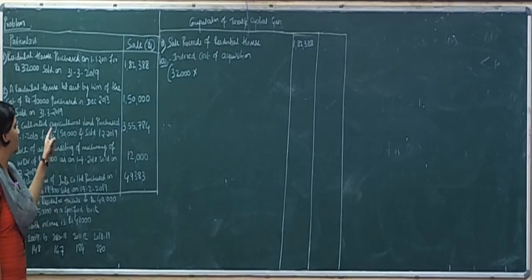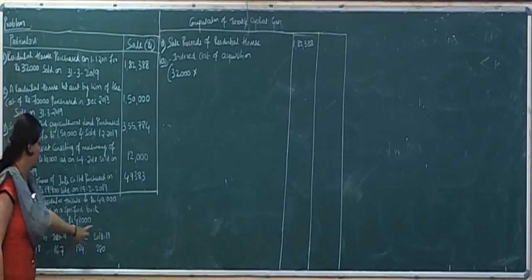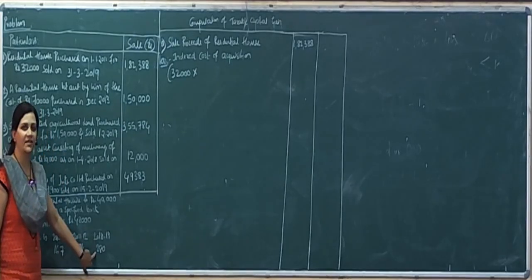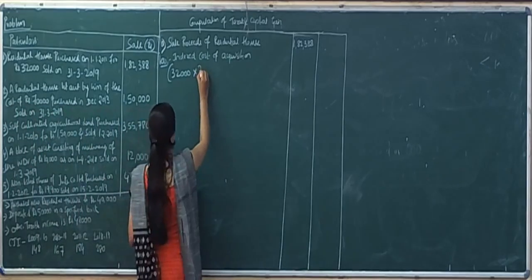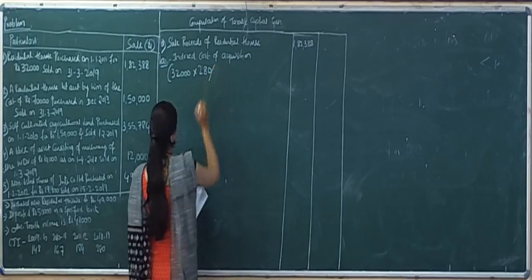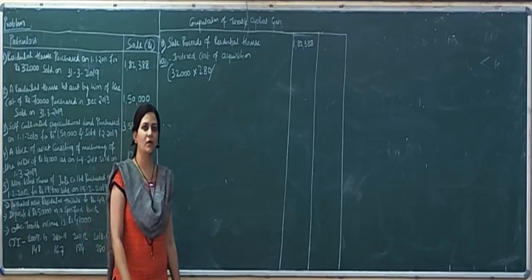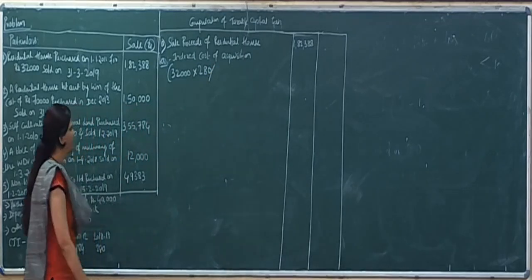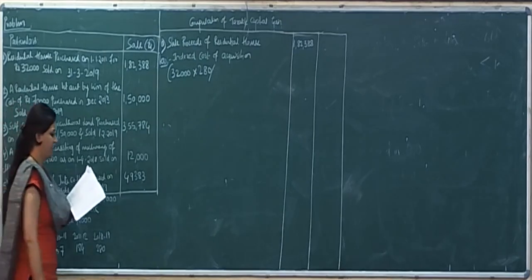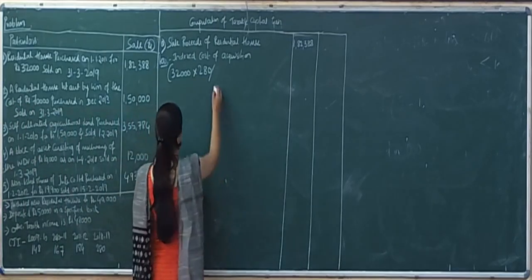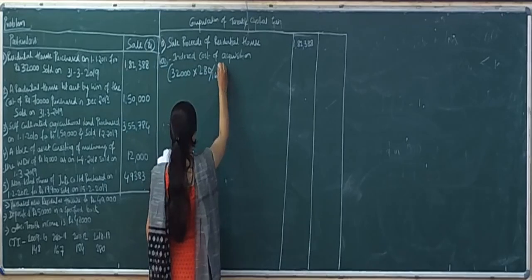So what is the CII for the year of sale? That is 2018-19, so the CII is 280, divided by the CII for the year of purchase. It was purchased in the year 2011, so the CII is 167.